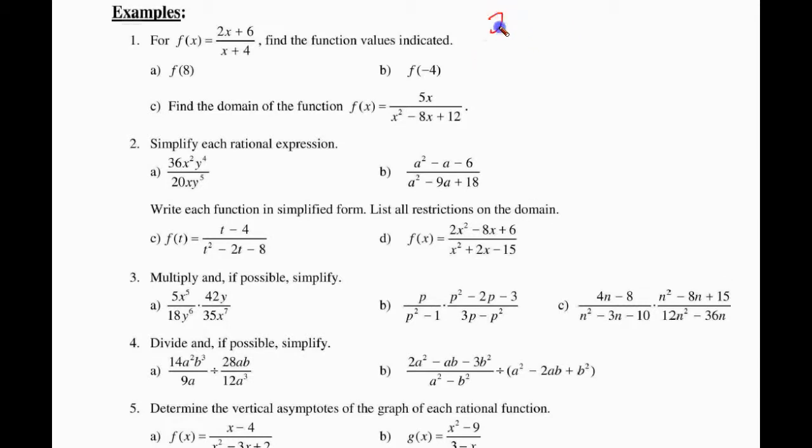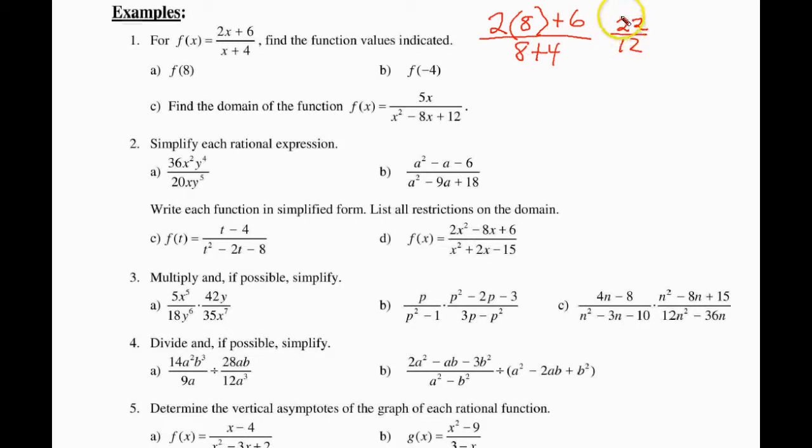So it's going to be 2 times 8 plus 6 all over 8 plus 4. So 2 times 8 is 16, plus 6 is 22, over 12. And now we want to simplify.